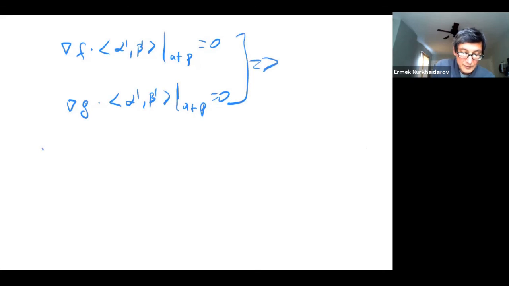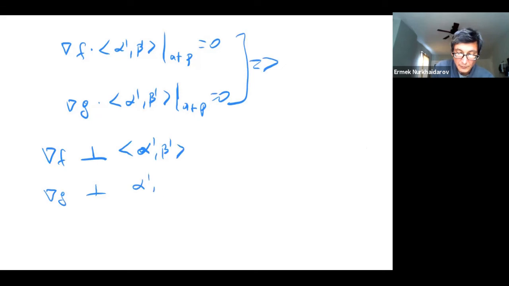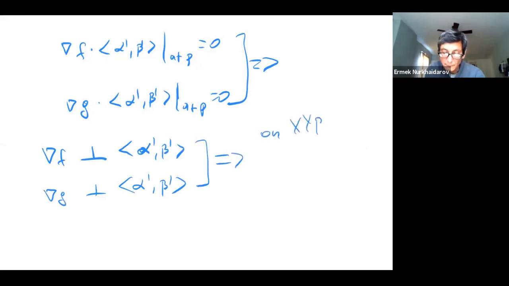That implies gradient f is perpendicular to (alpha prime, beta prime), and gradient g is perpendicular to (alpha prime, beta prime), on the xy plane. Now what is happening?